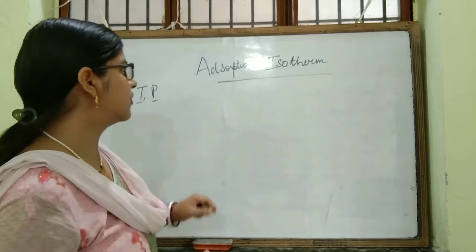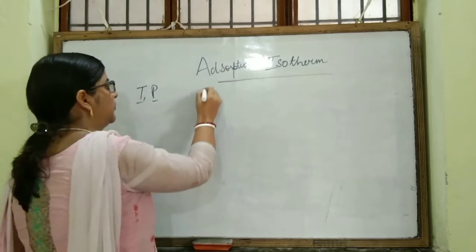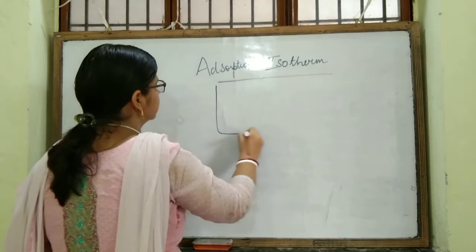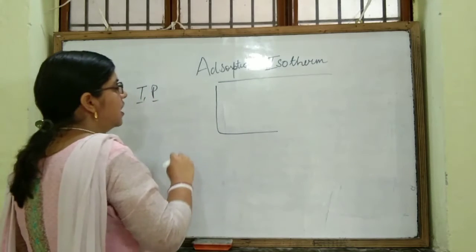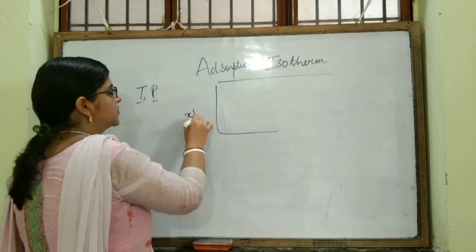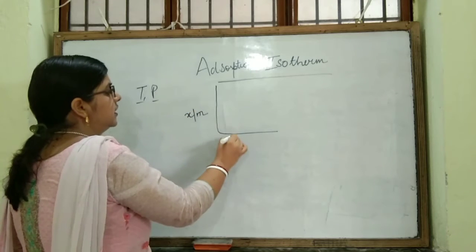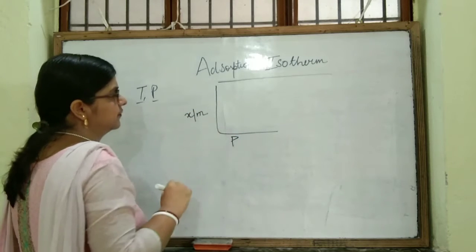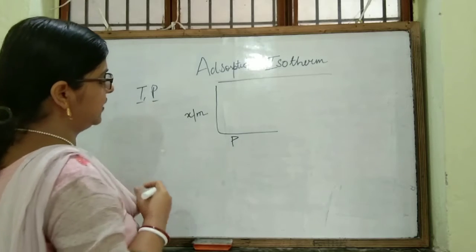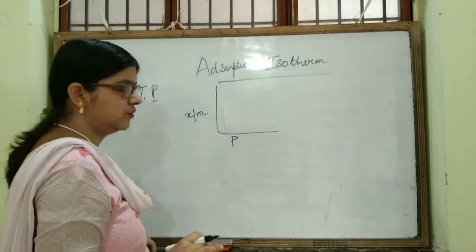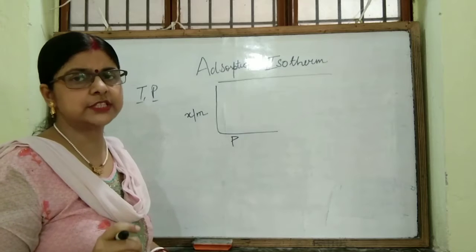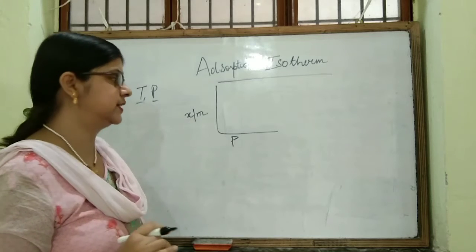See, adsorption isotherm is a graph which shows how the rate of adsorption increases with pressure when the temperature is kept constant. Do remember what I am telling? Temperature is kept constant.